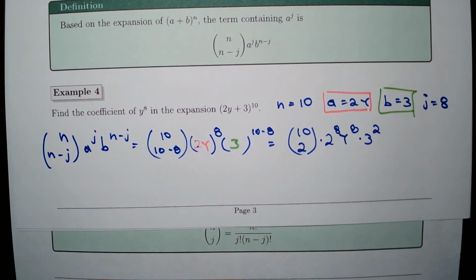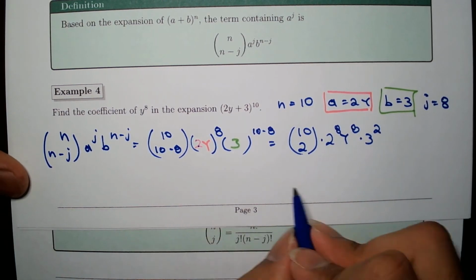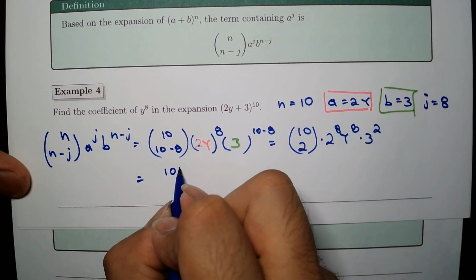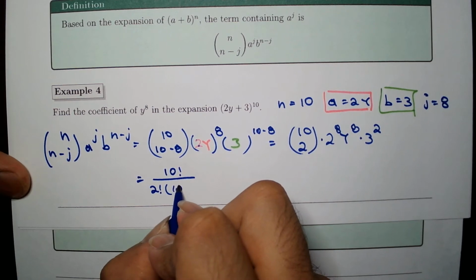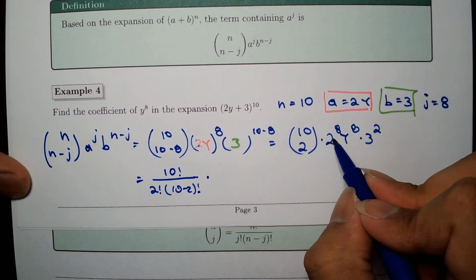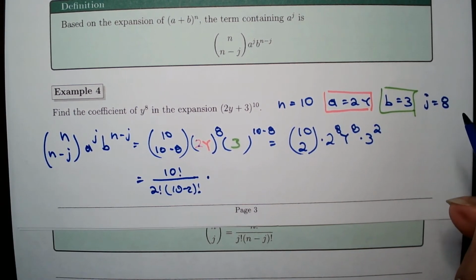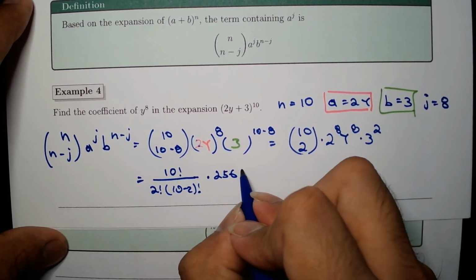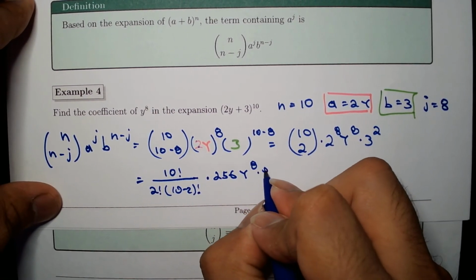Alright, so in this case, let's evaluate the quantity 10 choose 2. That's 10 factorial over 2 factorial times 10 minus 2 factorial, times the quantity 2 to the 8. What is 2 to the 8? 2 to the 8th power, that's 256. y to the 8 and 3 squared, which is 9.